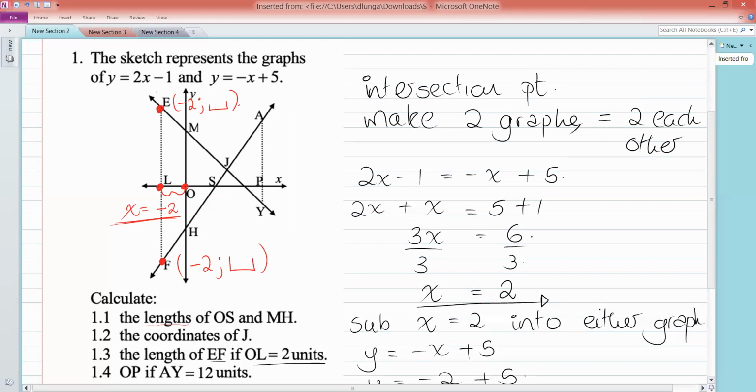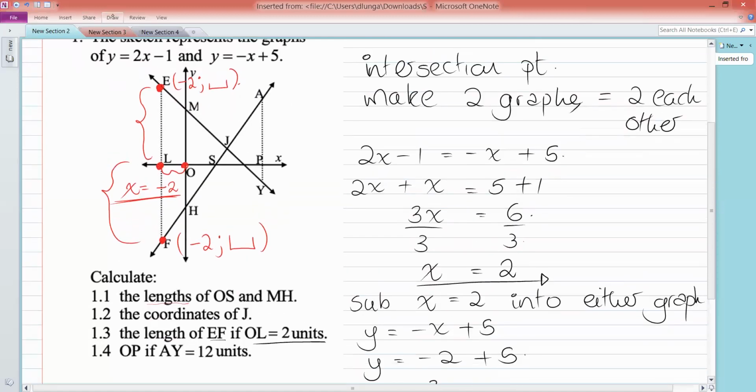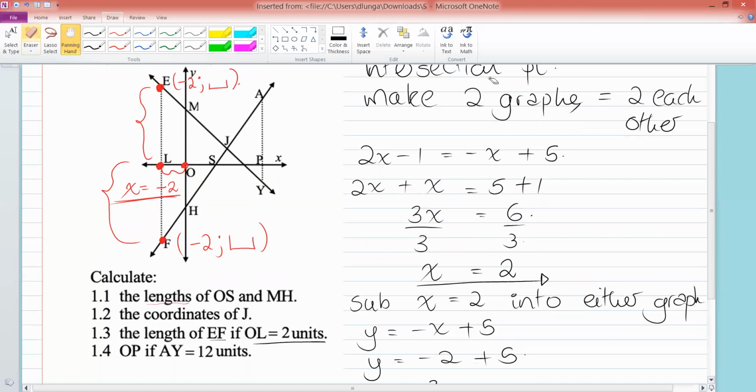So both these coordinates, E and F, will have x equal to -2. I just need to work out what the corresponding y values are. Once I've done that, I'll be able to see what the distance from E to L is, and I'll know what the distance from L to F is. Add the two, and that will give me the distance EF. Okay, let's go ahead and do that.